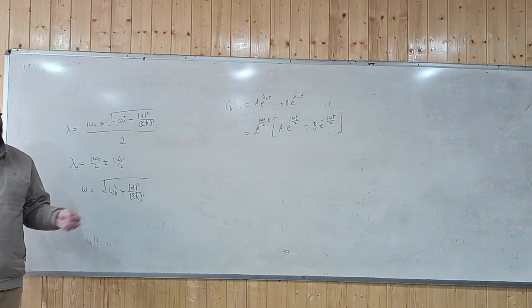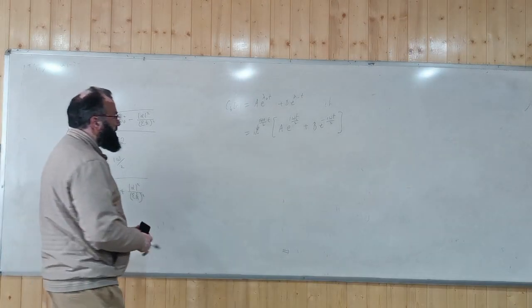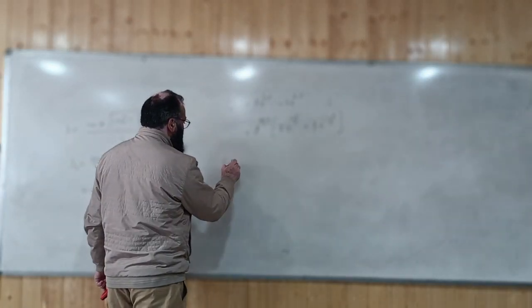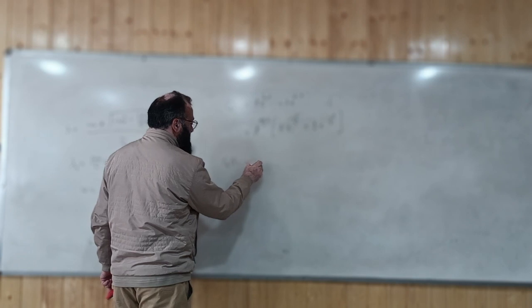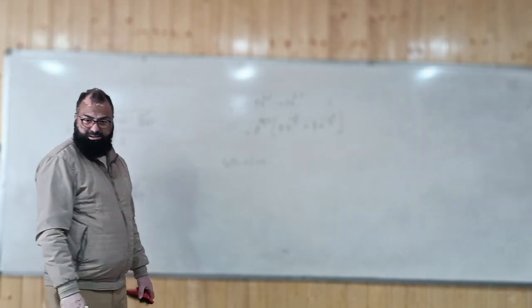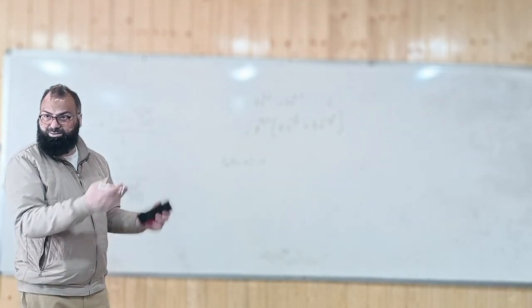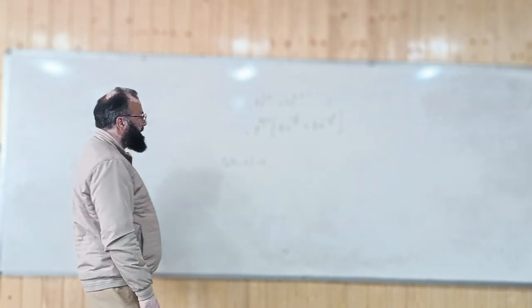Let's apply the boundary condition. What is our boundary condition? C_B at t = -ε is equal to 0. Is it true? There is no C_B on the left of the potential.